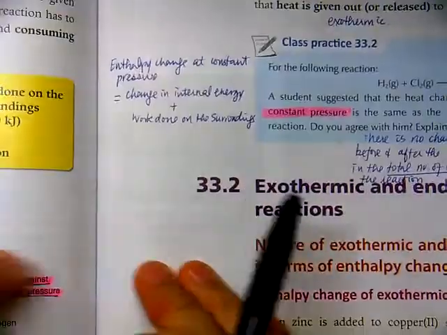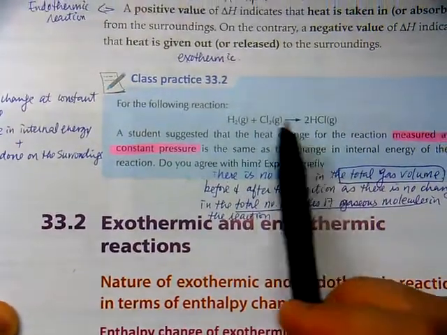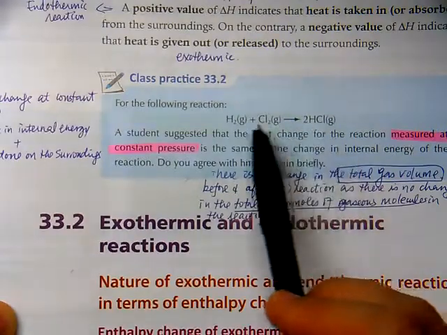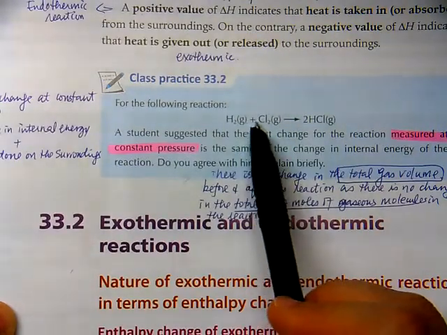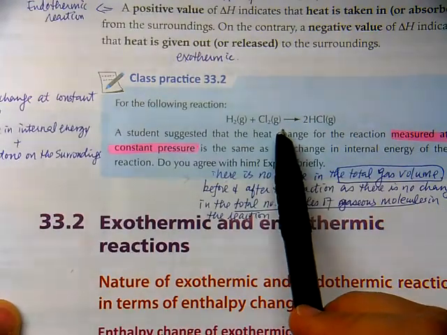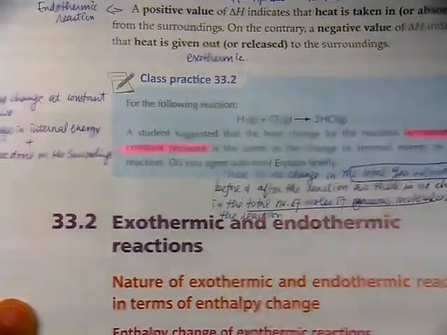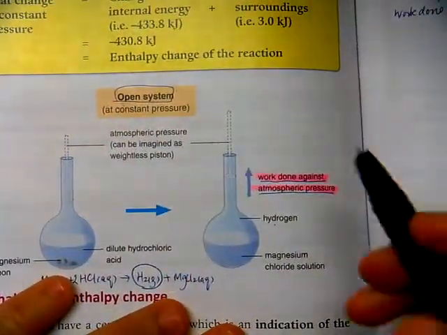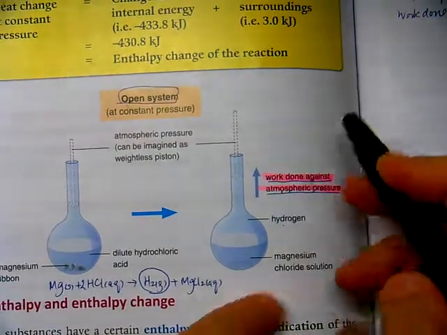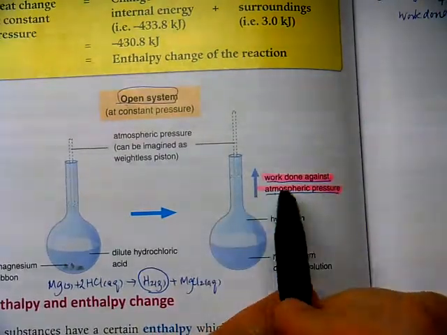Let's move back to this situation. As there is no change in the total number of mole of gaseous molecules on both sides, so there is no change in total gas volume. Because there is no change in gas volume, so there is no work done on the surrounding.